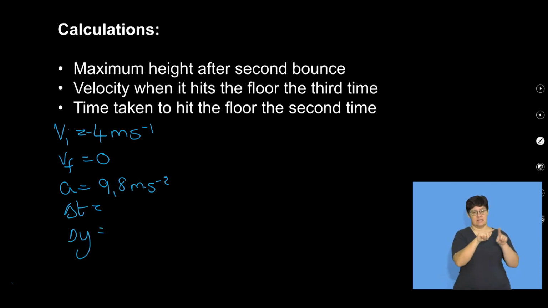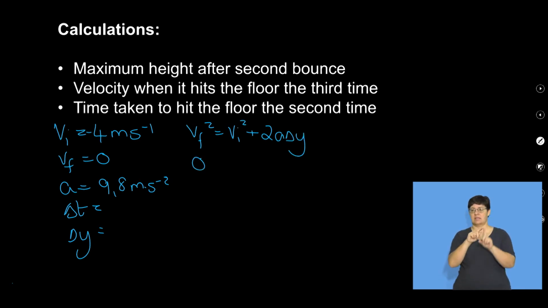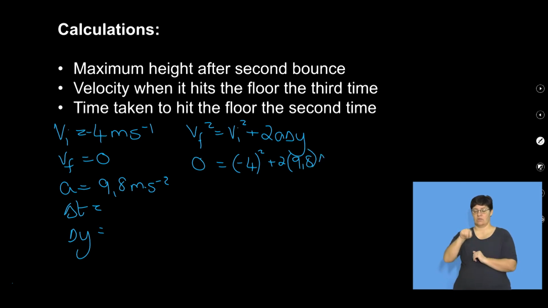Eventually, we want delta y. So we've done this more than once. And we go Vf squared equals Vi squared plus 2a delta y. Oops, don't forget the square. Delta y, that's 0. And this is minus 4 squared plus 2 times 9.8 delta y. 4 squared is 16.